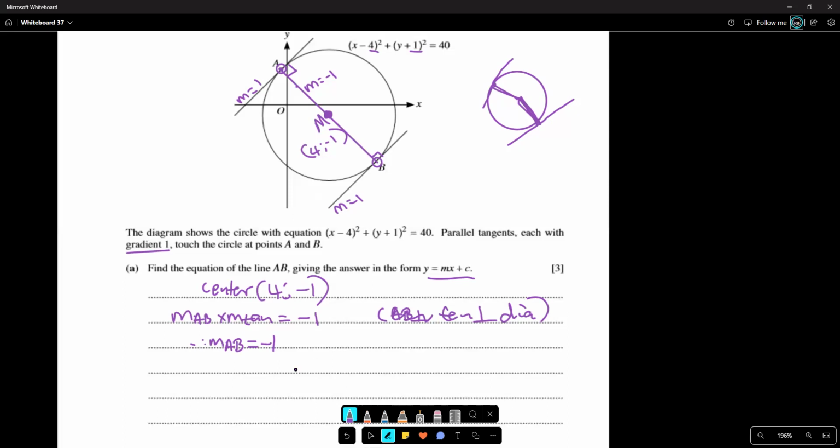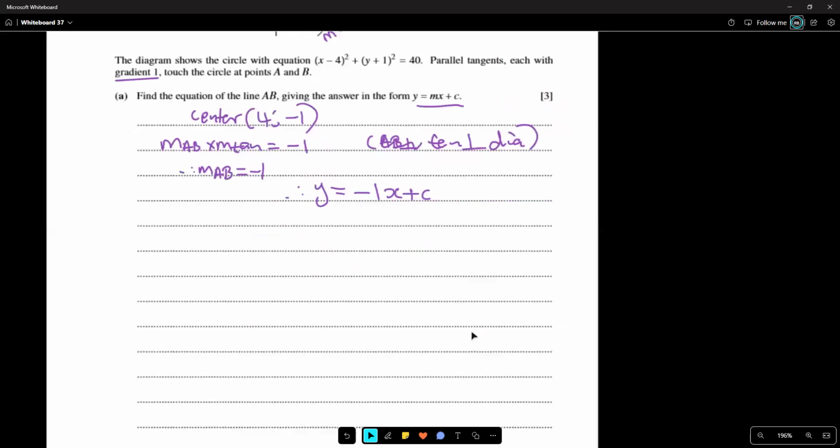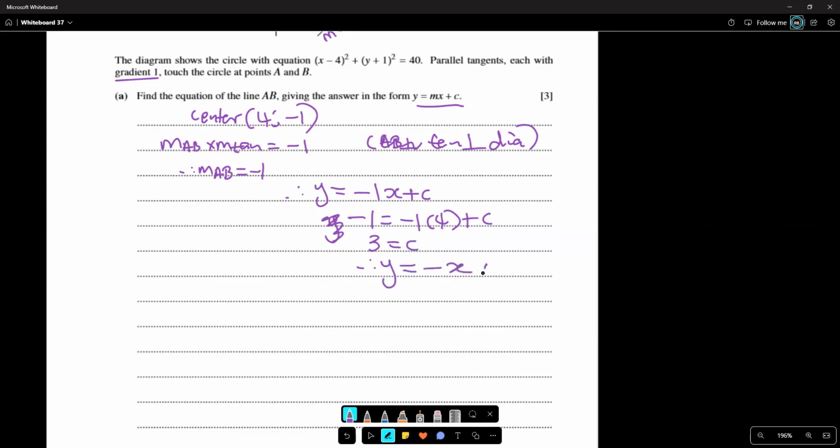And then now you have, therefore, y equals -1x plus c. Right? So we have a point, right? So then y is -1, x is 4, plus c. This gives us -4. When I take it outside, I get 3. So c equals 3. Therefore, y equals minus x plus 3. And that's it, ladies and gentlemen.